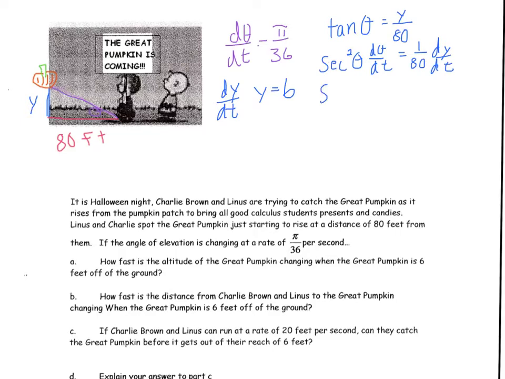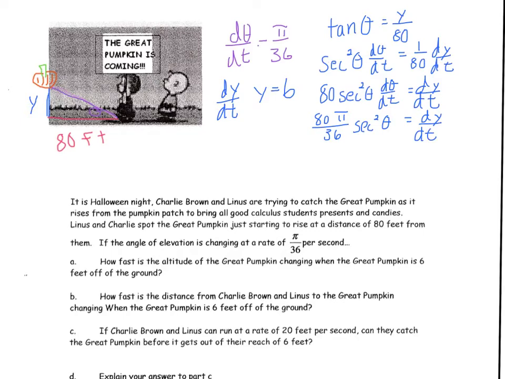So I have 80 times the secant squared of theta d theta dt equals dy dt. And I know that d theta dt equals pi over 36, so I'm going to have 80 pi over 36 secant squared theta equals dy dt.